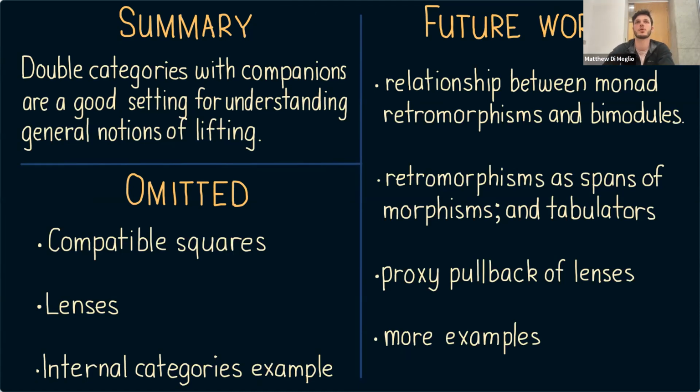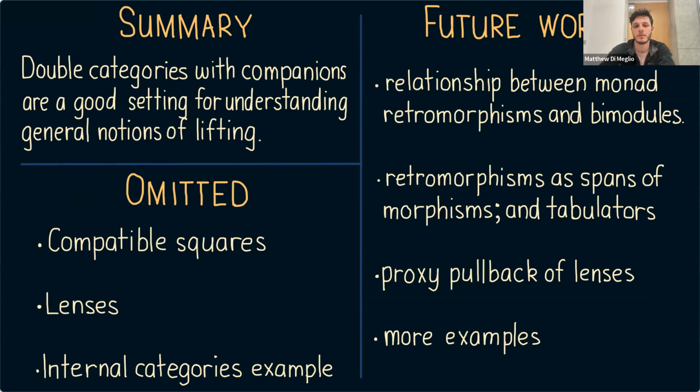Now, some things for future work are really about understanding this construction of the double category of monad retromorphisms. We know that there's a relationship between monad retromorphisms and bimodules. Just as every monad morphism can be seen as a bimodule, I think you need companions to do that, every monad retromorphism can also be seen as a bimodule in a certain way.